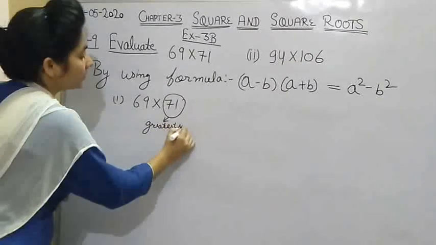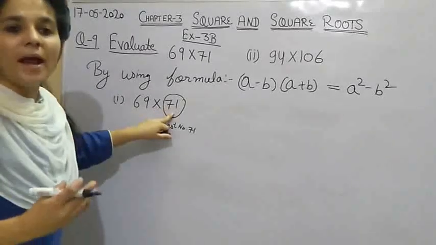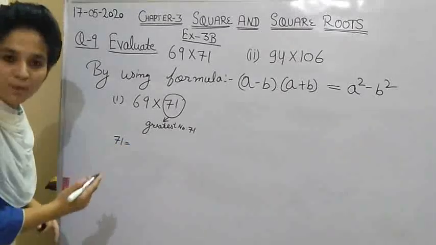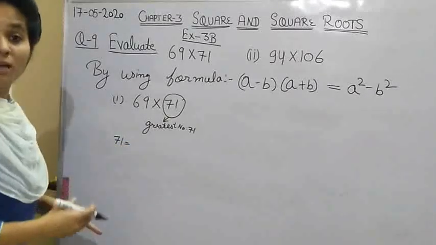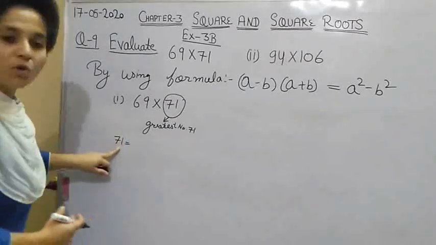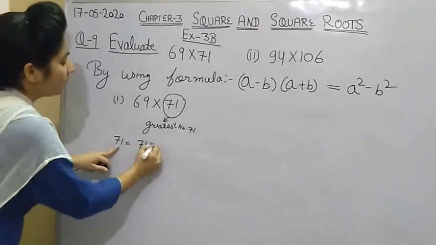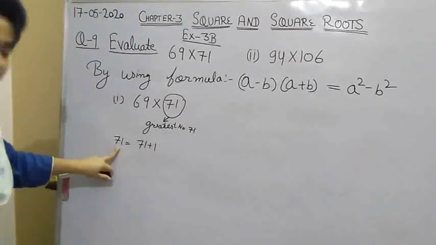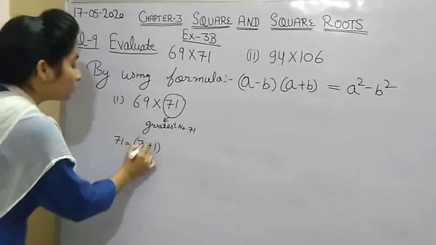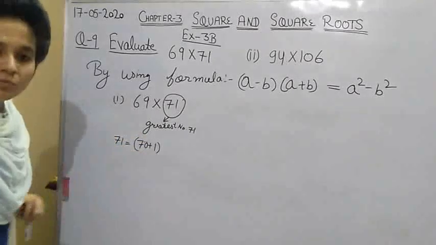The greatest number is 71. How can we expand 71? In previous classes, we also discussed the expanded form. So 71 can be expanded as 70 plus 1.